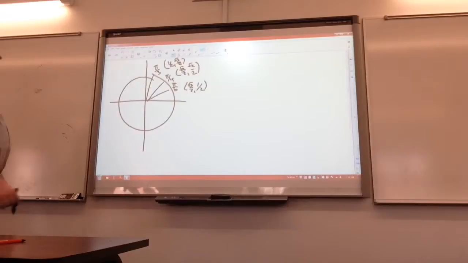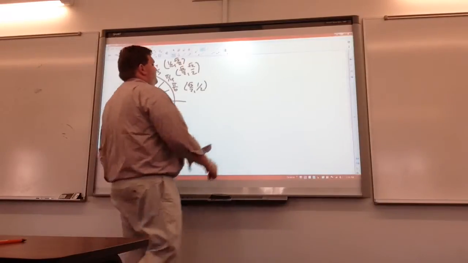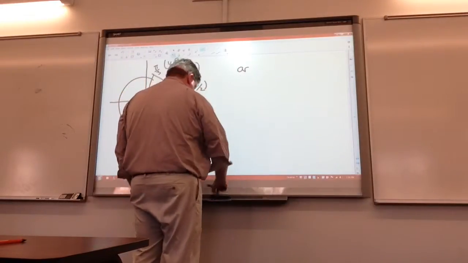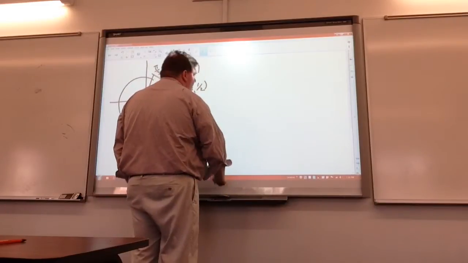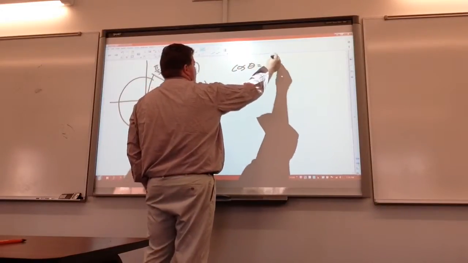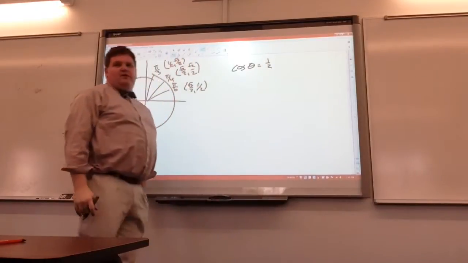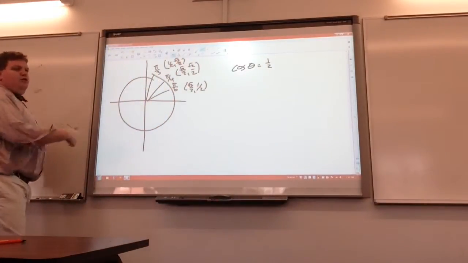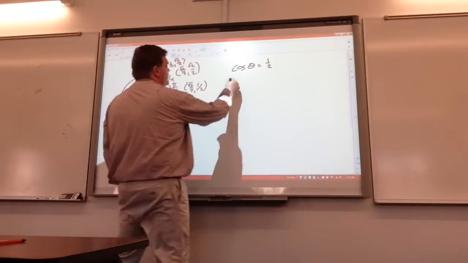If I did a quick example, for example, if I asked you to solve what's the cosine of theta is equal to 1/2, if I wanted what theta was, I'm going to use the arc cosine on both sides.